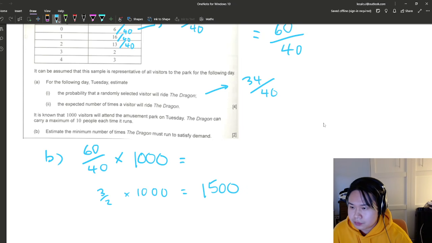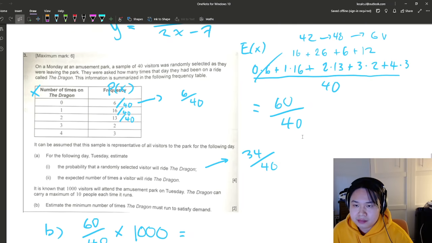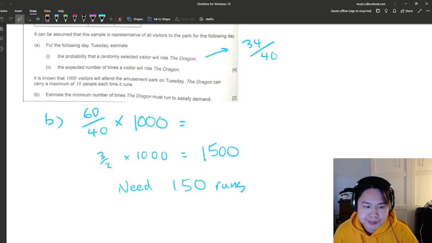Okay, so out of 1,000 people, we should expect this many rides. If 10 people per ride, then this means you need at least 150 rides. It's a nice number, but this is paper 1.